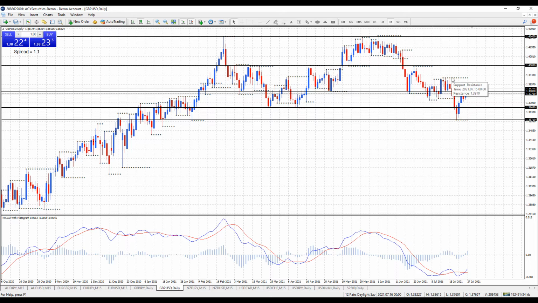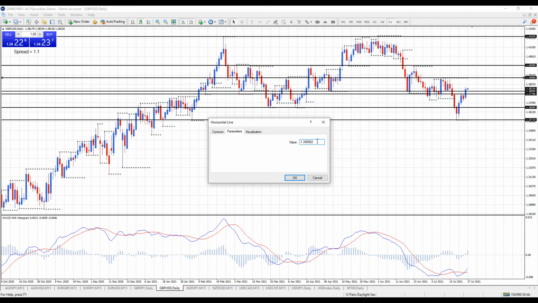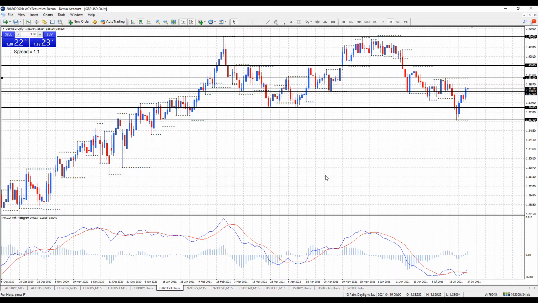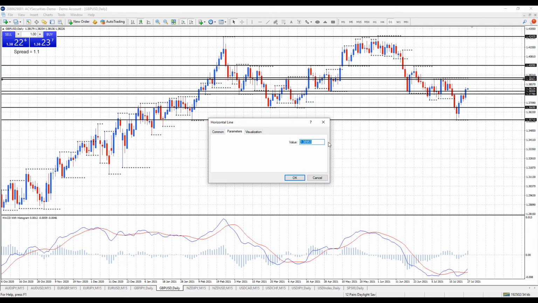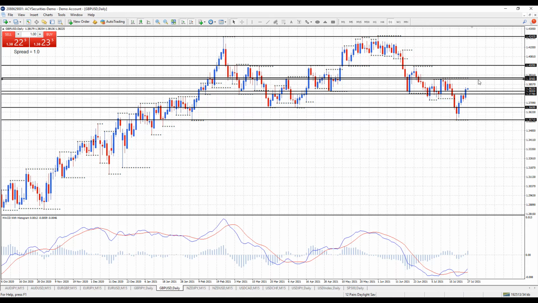That's at 139.10 and 138.98. Okay, now I'm hoping price won't get up to test those levels.